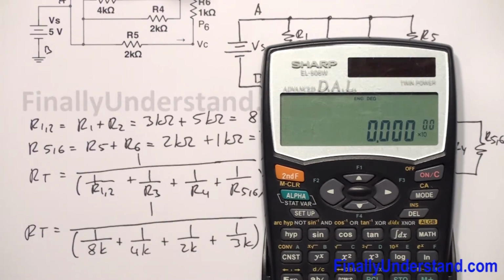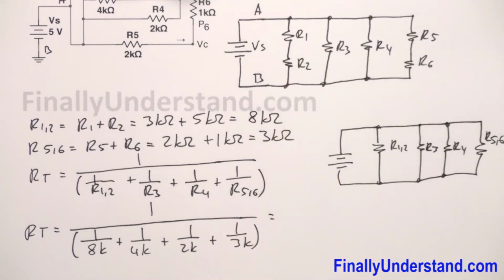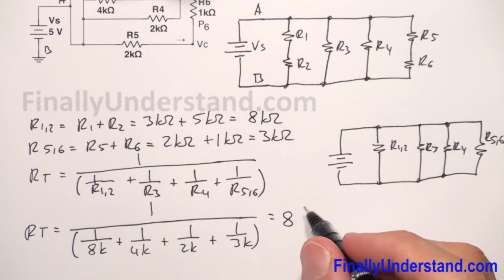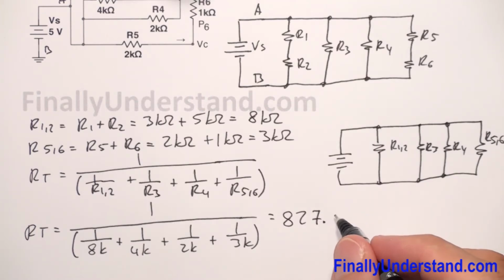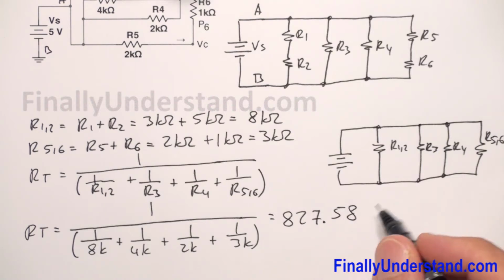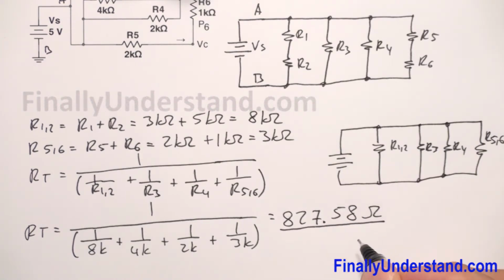And this is equal 1 divided by, open parenthesis, 1 divided by 8 exponent 3 plus 1 divided by 4 exponent 3 plus 1 divided by 2 exponent 3 plus 1 divided by 3 exponent 3, close parenthesis, equals 827.58 ohms. So this is my total resistance.